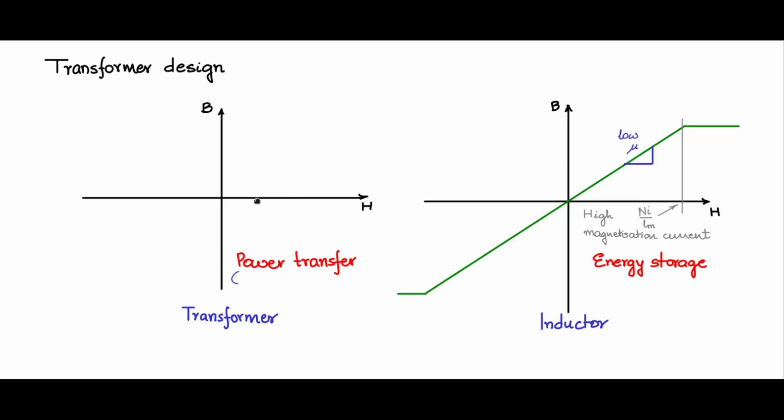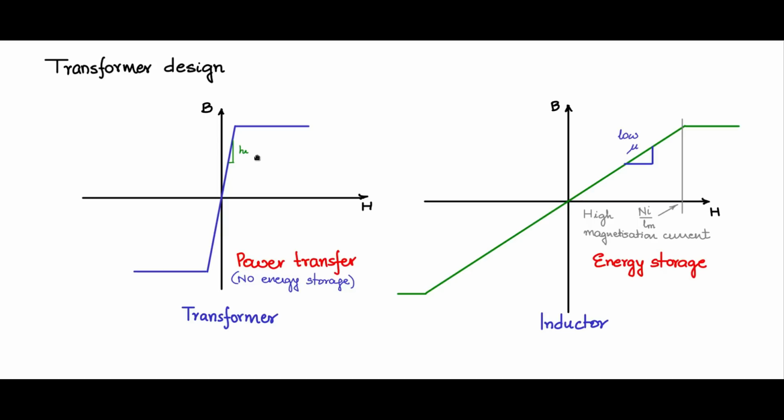Whereas in the case of the transformer, we are not talking in terms of energy storage. There is no energy storage. We don't want energy storage. It's only instantaneous power transfer. So we would like the mu, permeability, to be as high as possible. If you look at a transformer core BH curve, it will be like this: very high slope for the transformer, very low slope for the inductor.